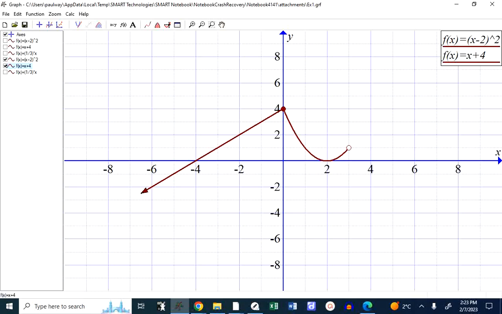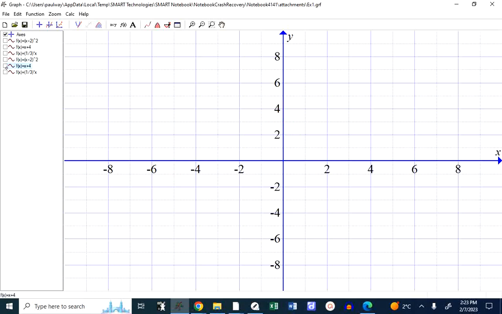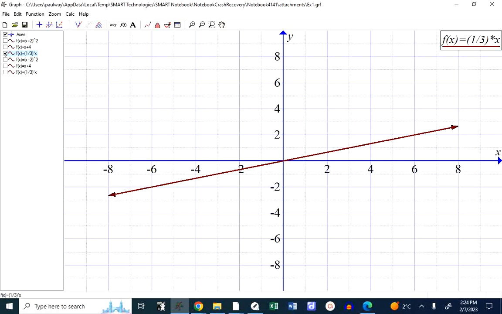I'm going to remove these two now, and we're going to look at the graph 1/3 times x, which again is a linear function. It's pretty basic. It's a function with a y-intercept of 0, and it has a slope of 1/3, and it looks like that. But that function only needs to be graphed, and only should be graphed, from x equals 3 to infinity. So what that looks like is that.